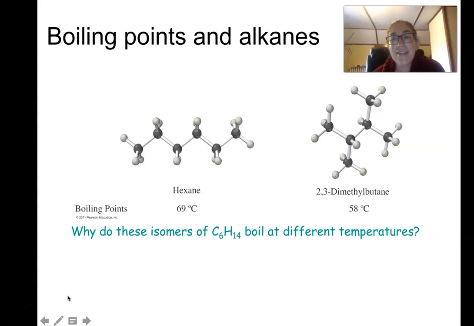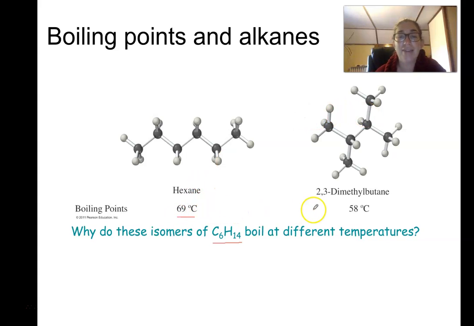Now let's look at these two alkanes, all right? These two alkanes are isomers of each other, so they both have the molecular formula C6H14. They have the same number of carbons and hydrogens, so they're the same size in terms of mass, all right? But yet they still have different boiling points.